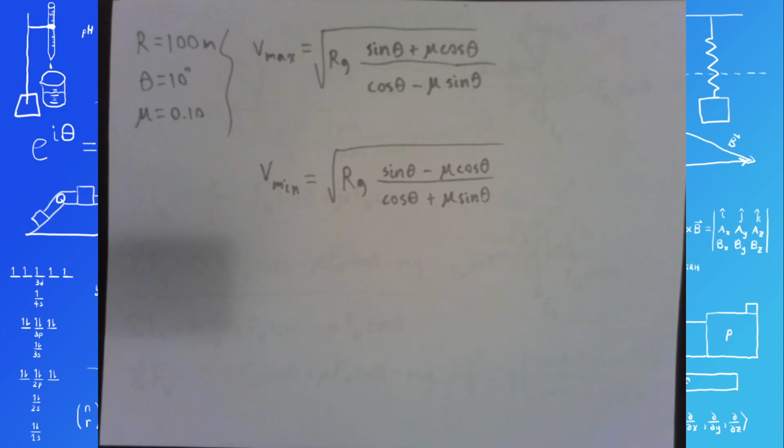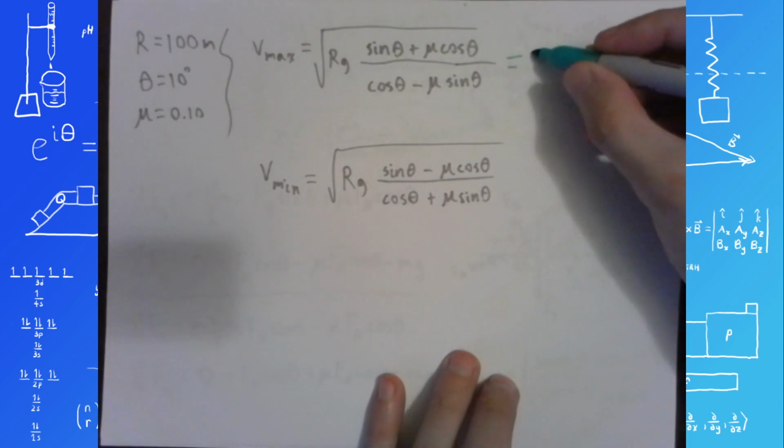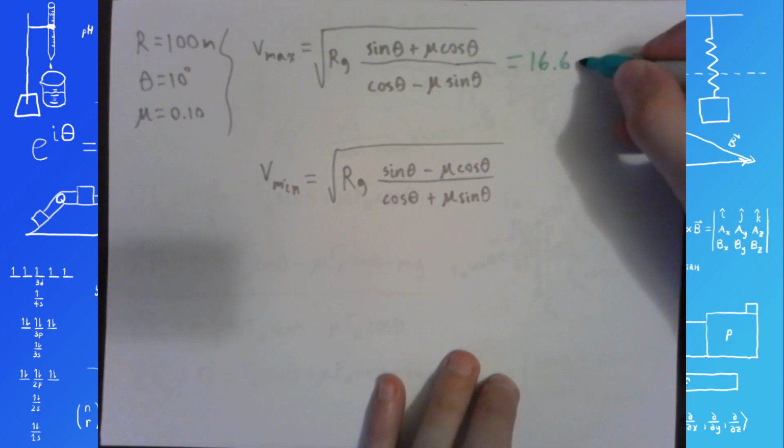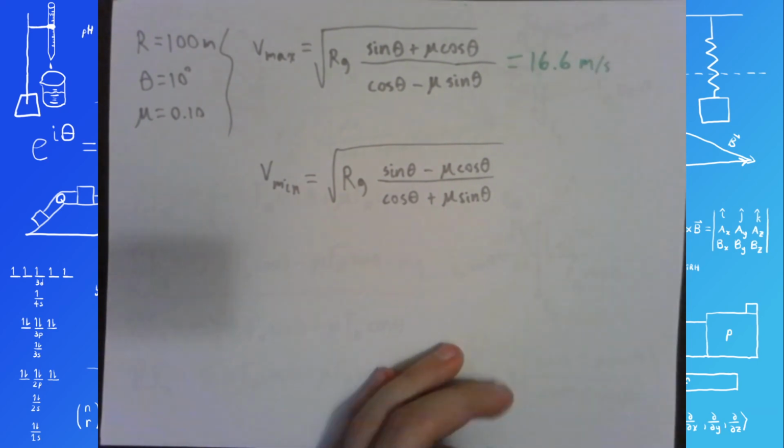Anyway, sine of 10 degrees plus mu, which is 0.1, times cosine of 10 degrees, over cosine of 10 degrees minus mu, which is 0.1 again, times sine of 10 degrees. And if I put that into my calculator, I'm getting 16.6 meters per second.